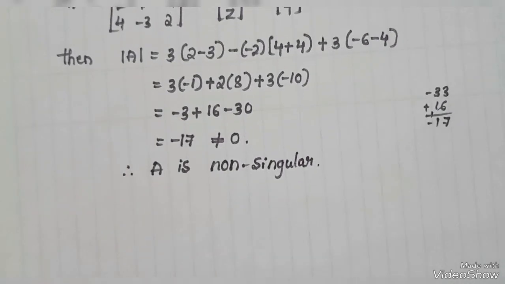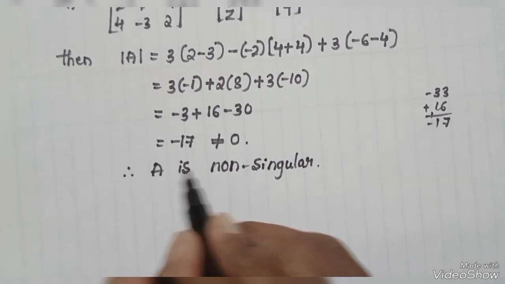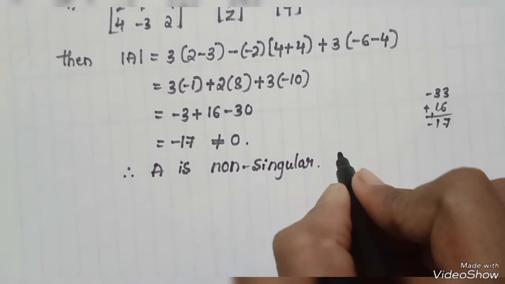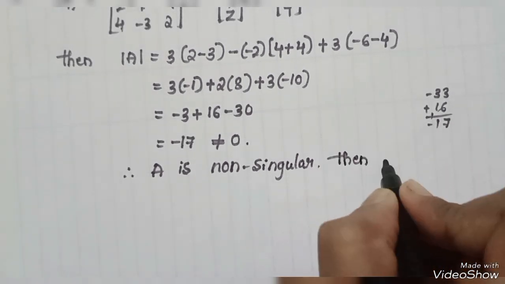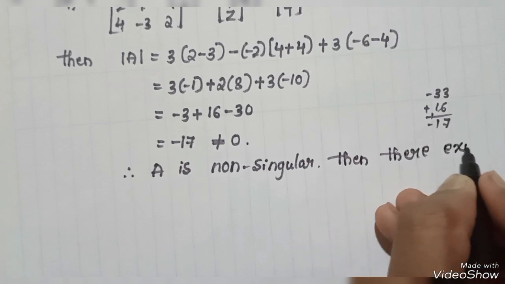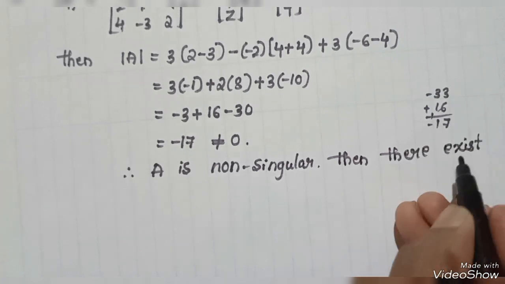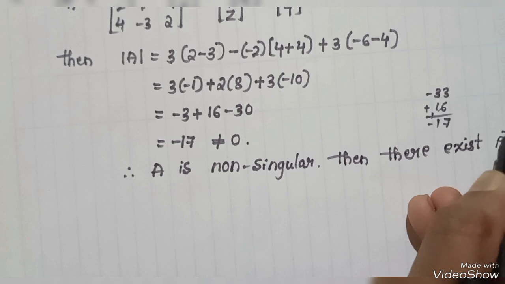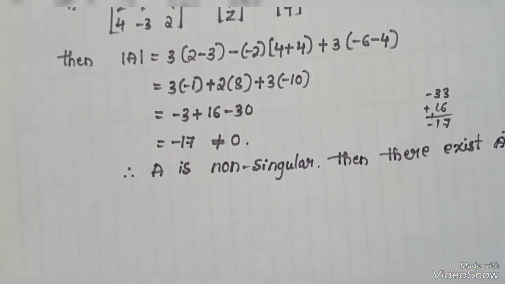Now calculate the adjoint. Here A is non-singular, then A inverse exists. Now we have to calculate A inverse.